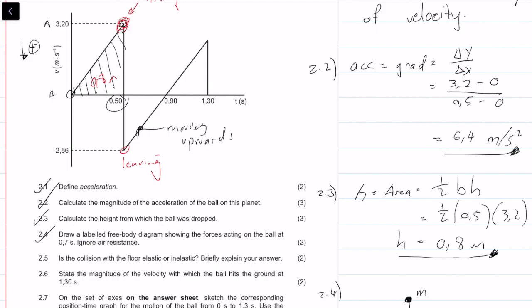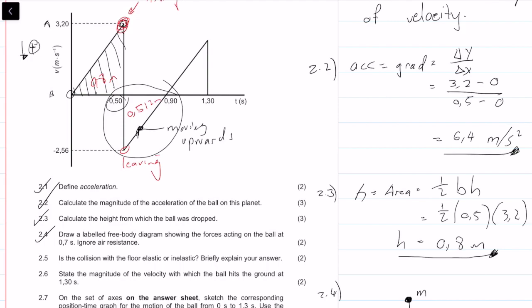If we wanted to calculate the area under the next part of the graph, which is this part right here, it would be a half times the base, which is 0.9 minus 0.5, times the perpendicular height, and the area here is equal to 0.2512 meters.